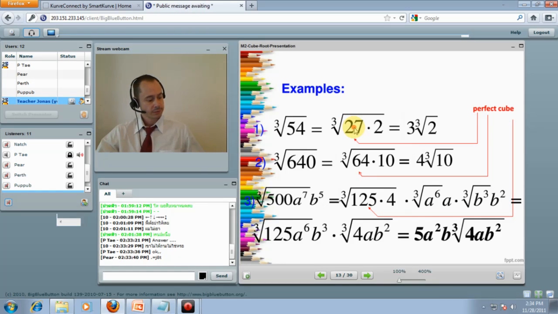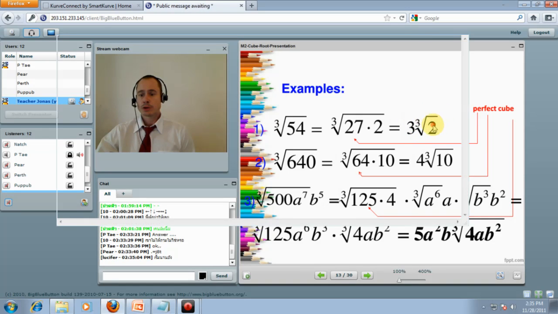So then you can extract this. Then it will be 3, and then you have the cube root of 2 left.